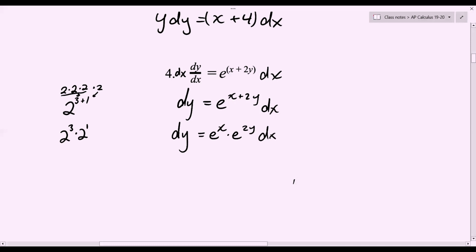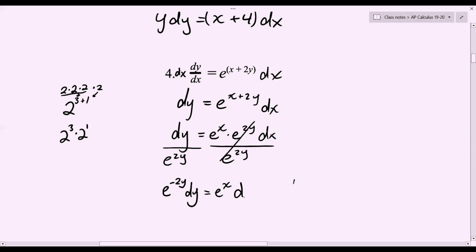Now we can move this y term to the other side by dividing. Divide by e to the 2y, divide by e to the 2y. Now, remember, if we have an exponent in the bottom, we can bring it to the top by making the exponent negative. e to the negative 2y dy equals e to the x, this cancels, dx.